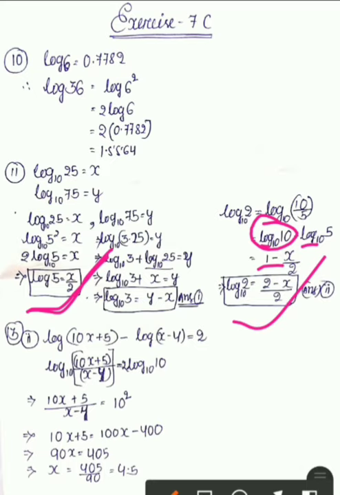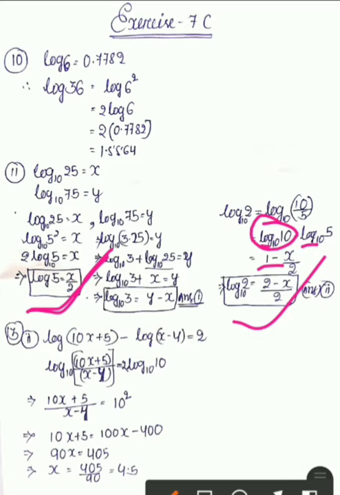Now number 12. Given log 31.87 is equal to x, write down in terms of x. Question number 1 is given log of 31.87 whole square, and number 2 log of 0.03187 to the base 10 and log of root over 31,870 to the base 10.